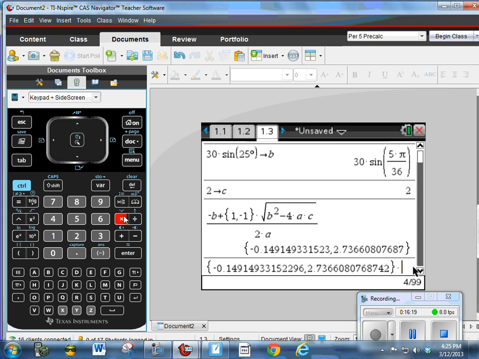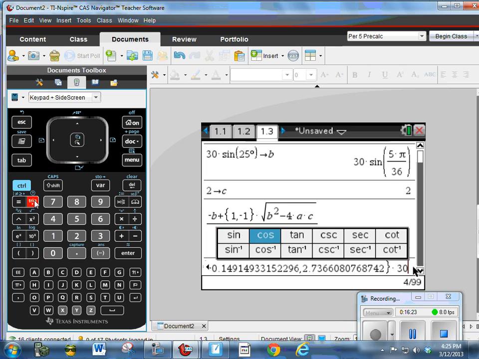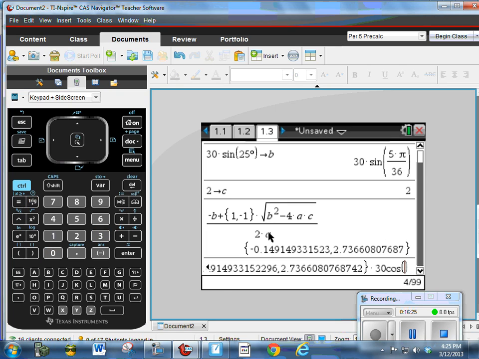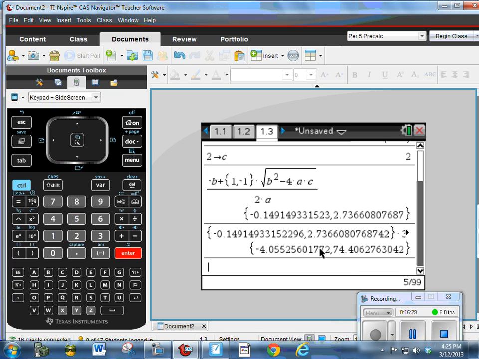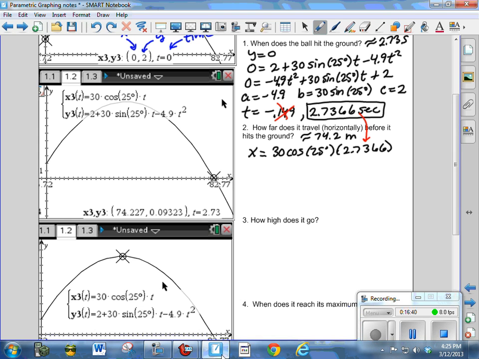Obviously I won't want the negative one. 30 cosine of 25 degrees. So push enter. It gives me two different answers, and my second one there is 74.406. Okay, so 74.406 meters. Pretty easy to do the second part.